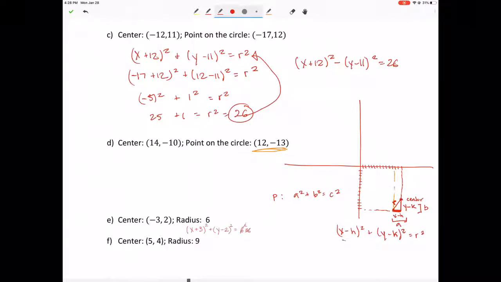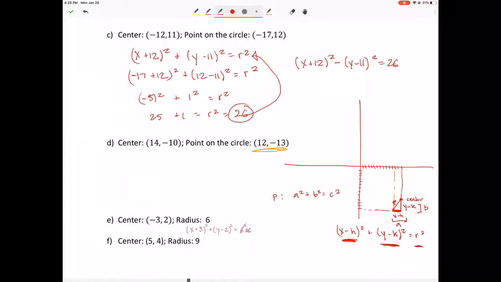So when we do that, we are taking x minus h squared plus y minus k squared equals our radius squared. Okay, so it's the Pythagorean Theorem, which is kind of cool. So if you couldn't remember what the equation is for a circle, you can just remember it's the Pythagorean Theorem. A squared plus b squared equals c squared. I think that's kind of cool.